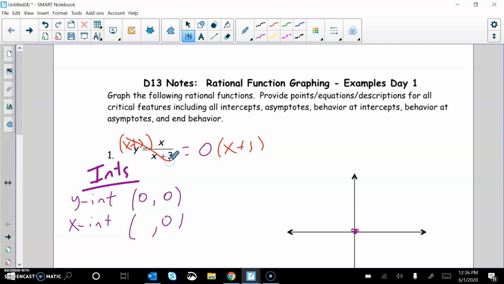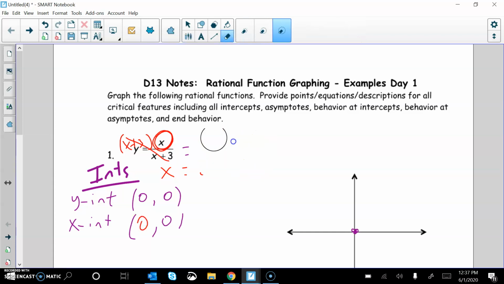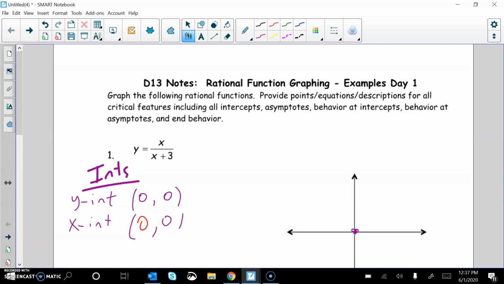So this would cancel here, and you'll always be left with just your numerator equal to 0. So for your x-intercepts, the shortcut is just take your numerator, set it equal to 0, and solve it. And this one's 0, which we determined already from the y-intercept. There may be multiple x-intercepts. In this case, there's just one. All right, what else?